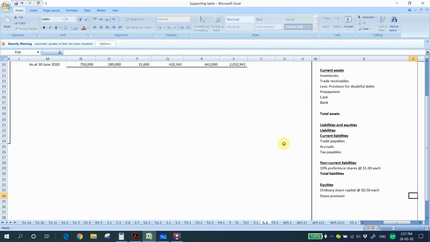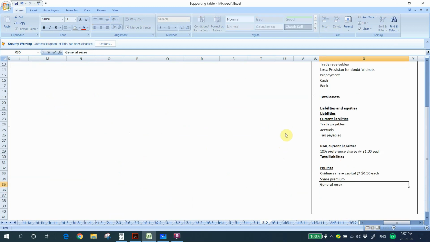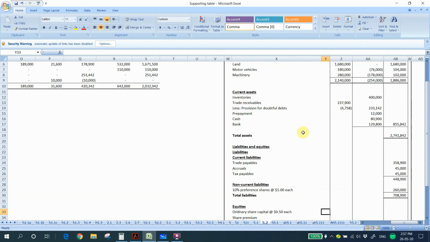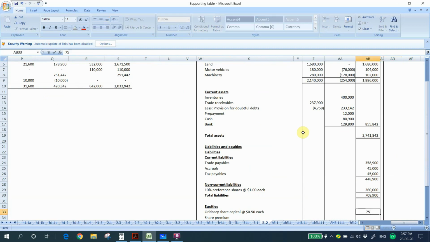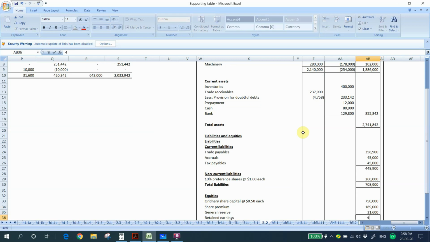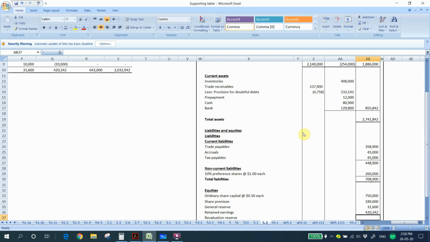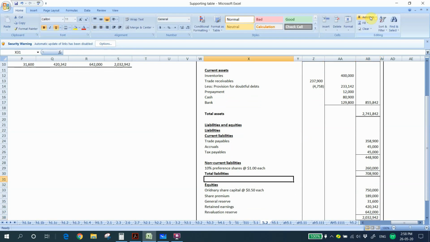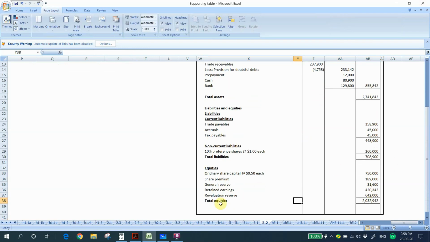Followed by share premium, and we have general reserve, we have retained earnings, and the last one we have is revaluation reserve. $750, 189, 31600, 420, 342, and 642. So total equities $2,032,942.